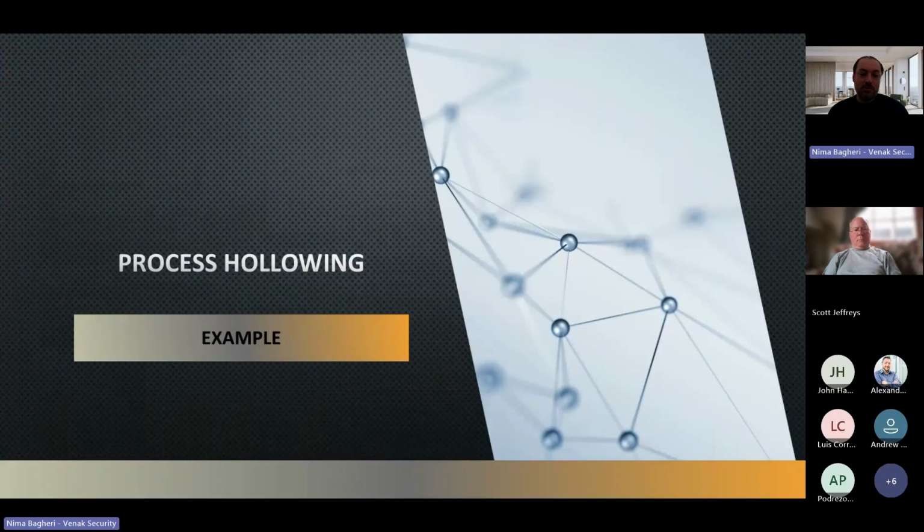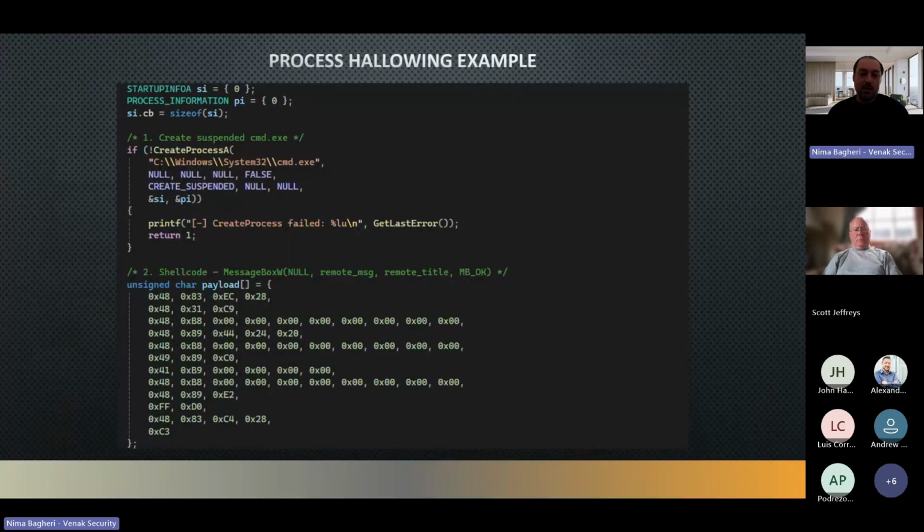Let me show you some of these process hollowing examples. This is actually created by our own AI malware simulator. You can see there's a cmd.exe here, and here we create the shellcode, a message box, inside the cmd.exe.